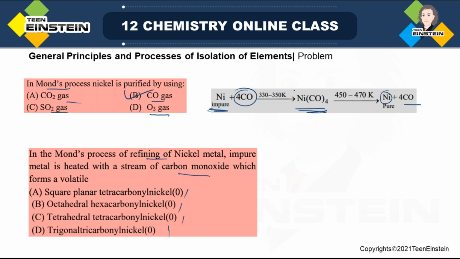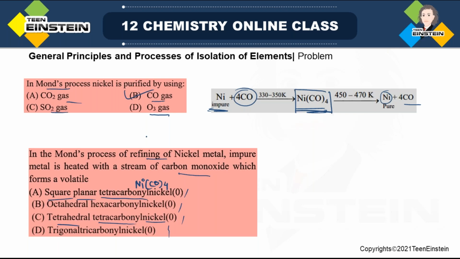Now here we have already seen this is actually the tetracarbonyl complex. The first option is square planar tetracarbonyl nickel. So this is tetracarbonyl, that means Ni(CO)4. And option C is also tetracarbonyl, but here option A is square planar, and option C is tetrahedral, because when it is tetra-coordinated, 2 possibilities are there.